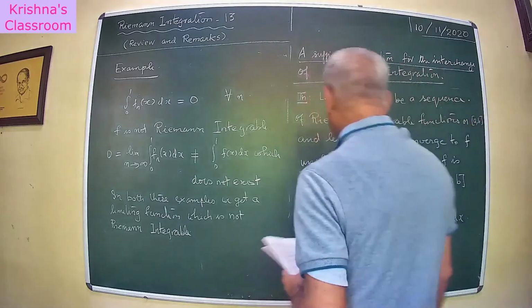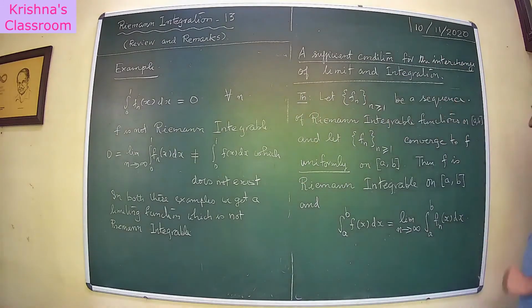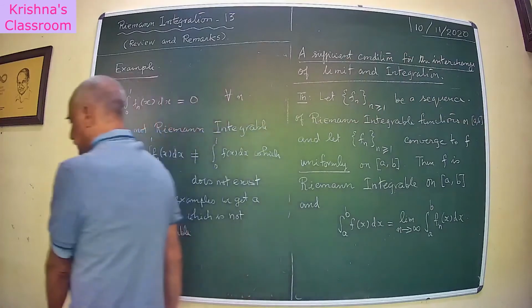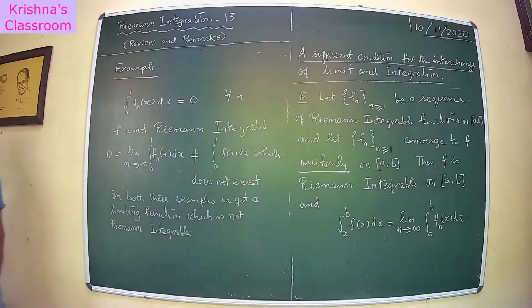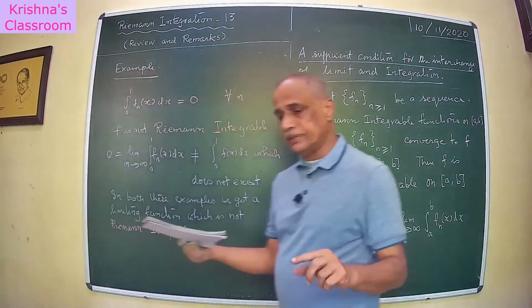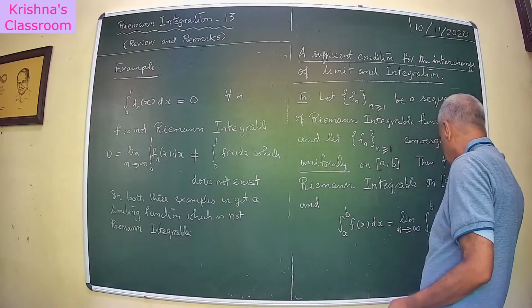Now let us see the crucial condition that you have: uniform convergence on the interval [a,b]. What about the examples that we have looked at? If you take the first example, you see that the function converges on the interval [0,1].